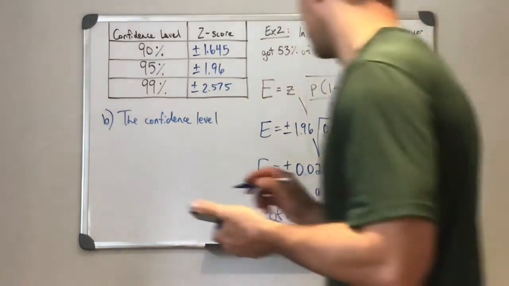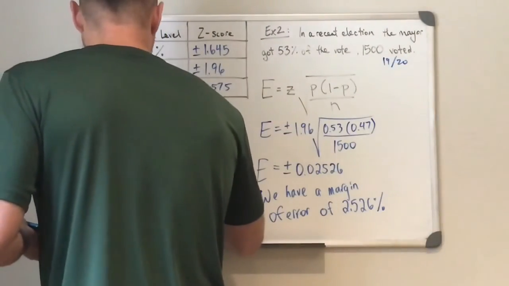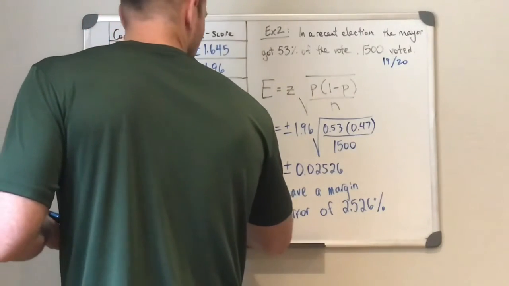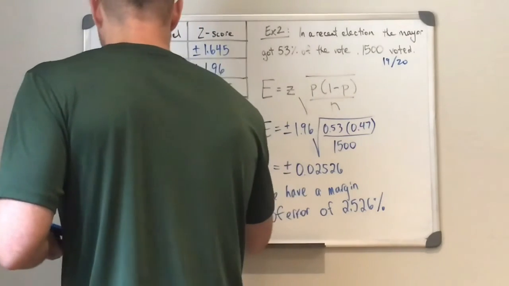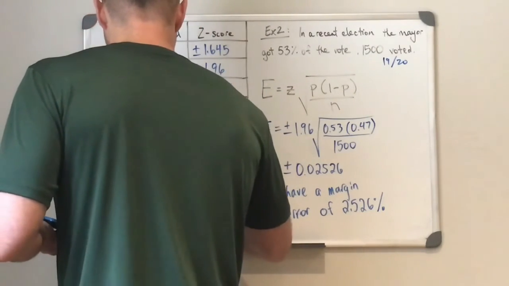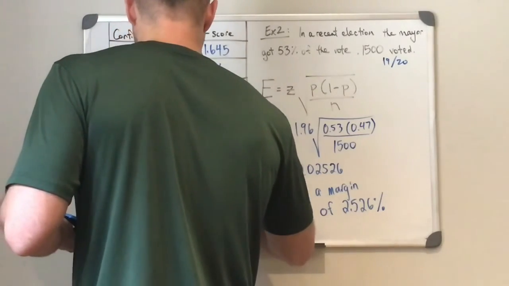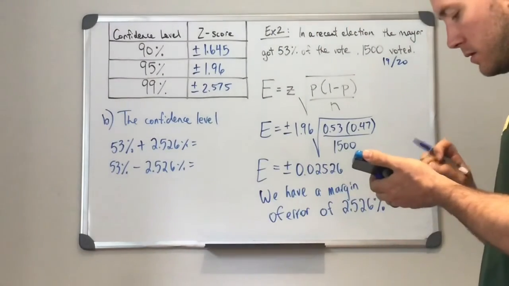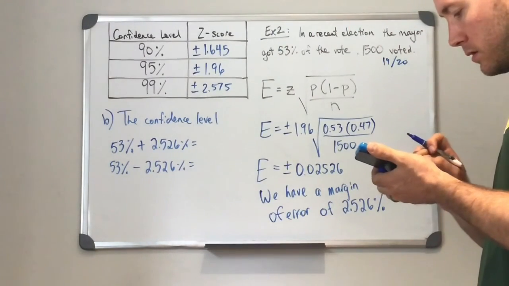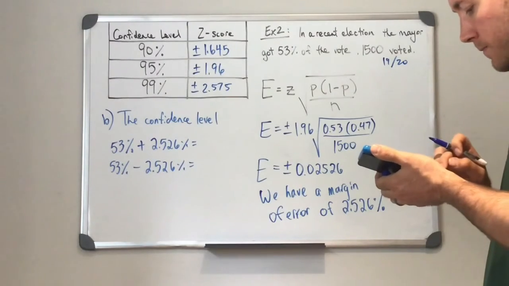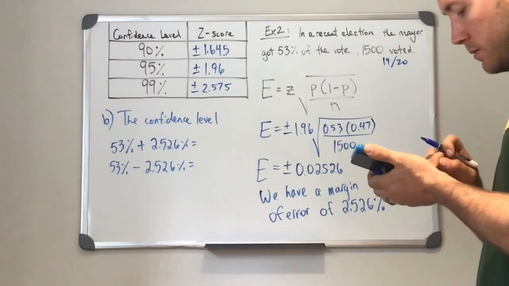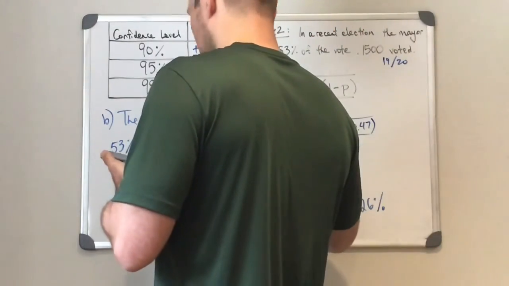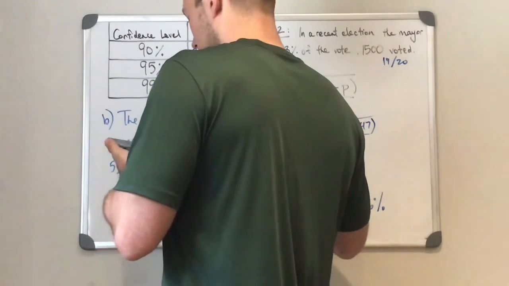Okay, so if I take 53% plus 2.526, we're going to add and subtract it. I don't really need the calculator here, but we got 55.2.